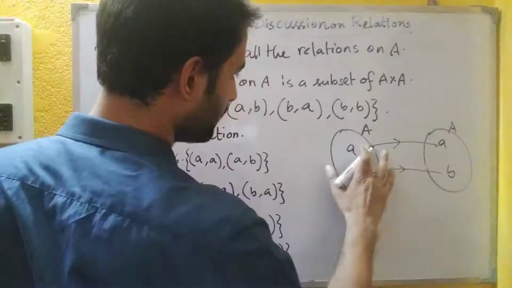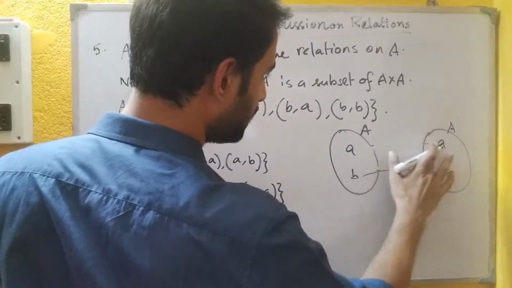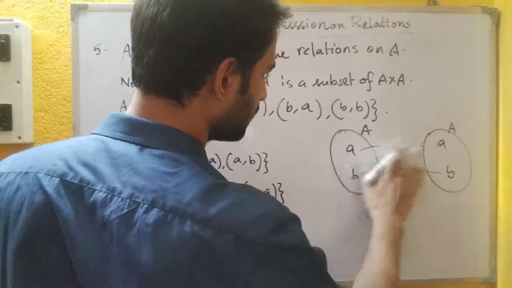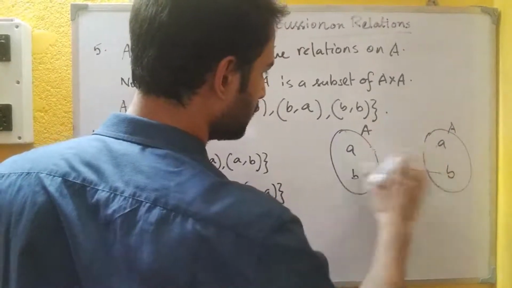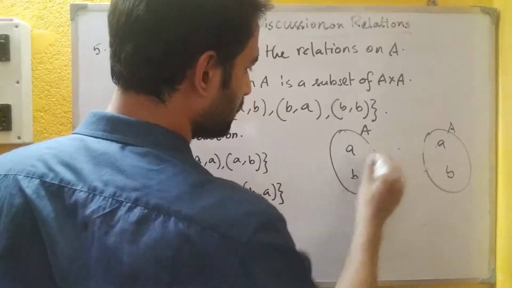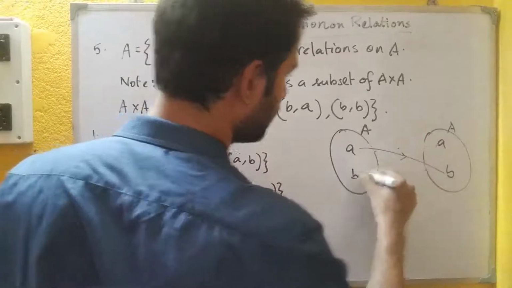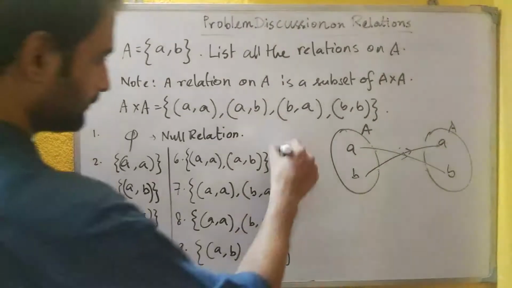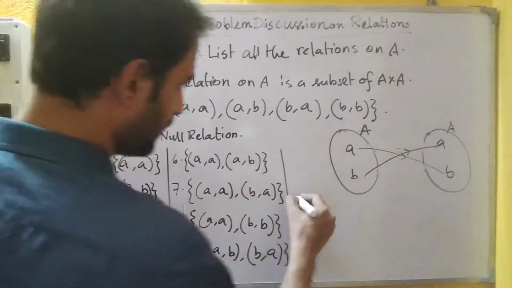So it says that A is related to B and B is related to A. Number 10.